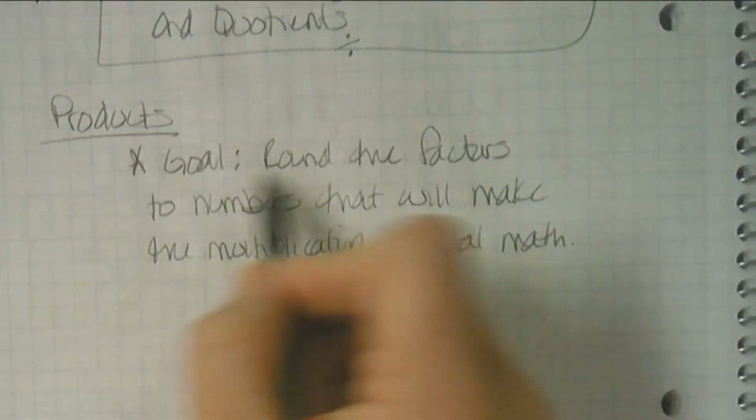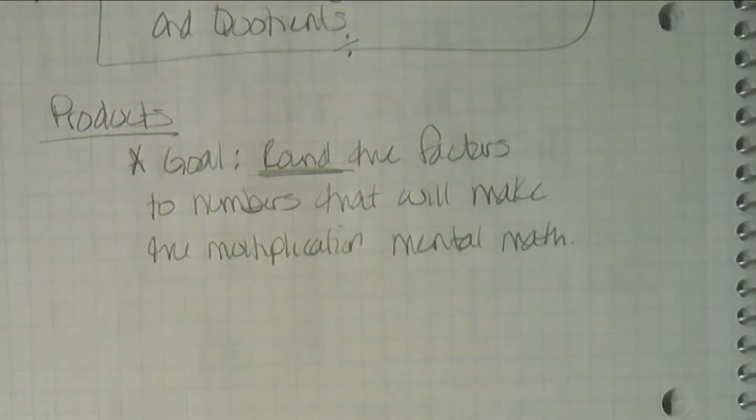So we are using rounding. For addition and multiplication, rounding is a good one depending on the sizes, but we're definitely using rounding all the time for products.